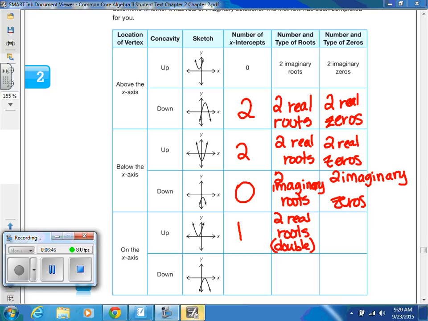And the same thing for the zeros. You still have 2 real zeros. What if it sits on it and it opens down? Yeah, same thing. 1 with 2 real roots and 2 real zeros.